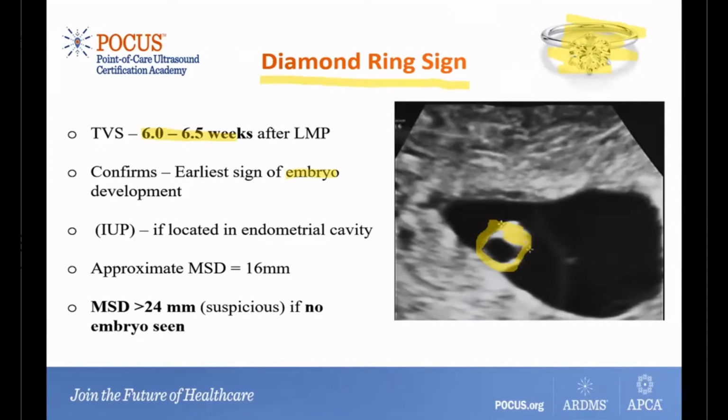This also confirms intrauterine pregnancy if it is present within the endometrial cavity. And approximate mean sac diameter, which we'll address in a moment, is about 16 millimeters. Keep in mind that if the mean sac diameter is more than 24 and you do not see the embryo, that is highly suspicious of a bad outcome.